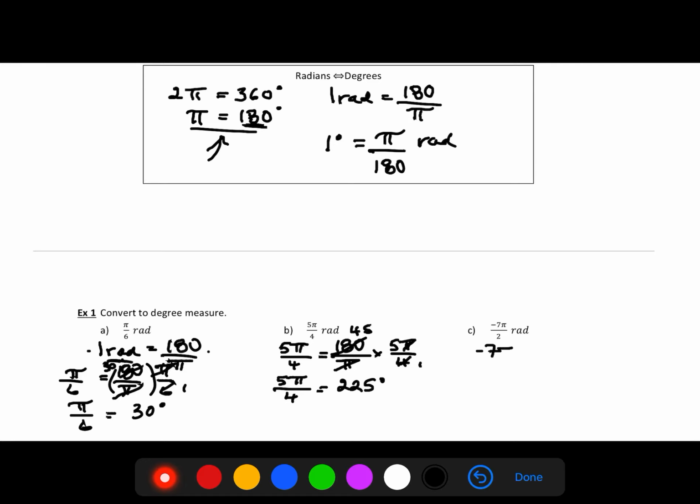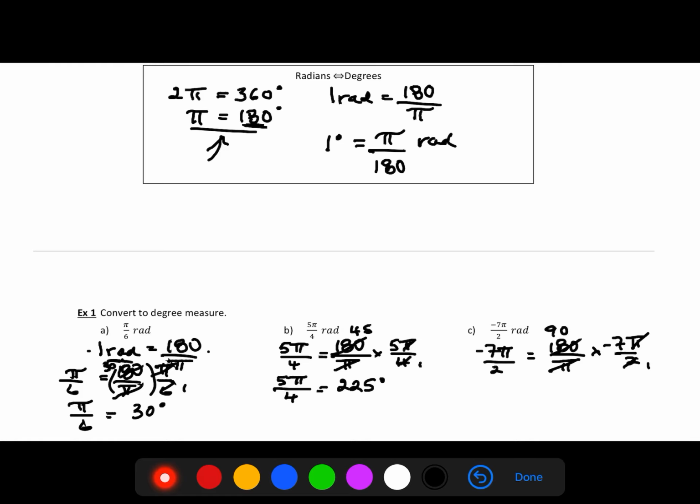We're going to do the same thing. If we have negative radians, it simply means that it is clockwise rather than counterclockwise from the x-axis. And 180 over pi times negative 7 pi over 2. Pi's cancel.